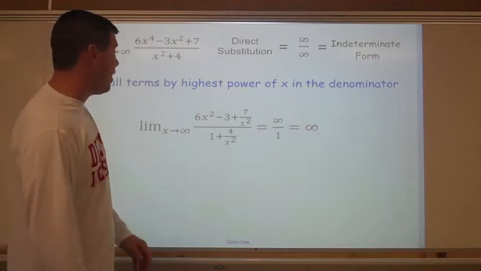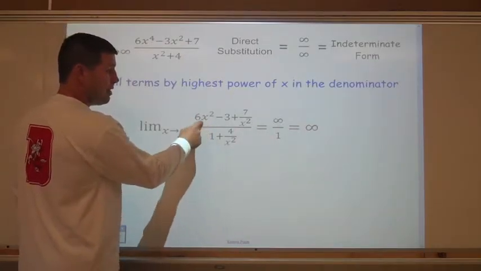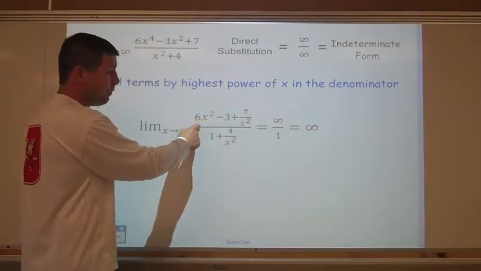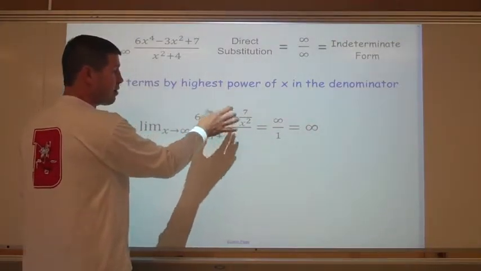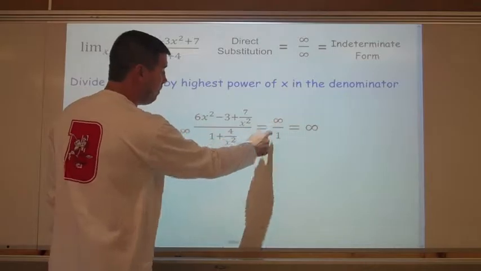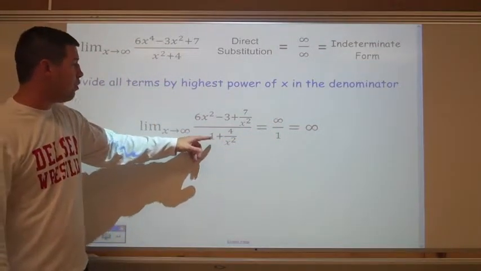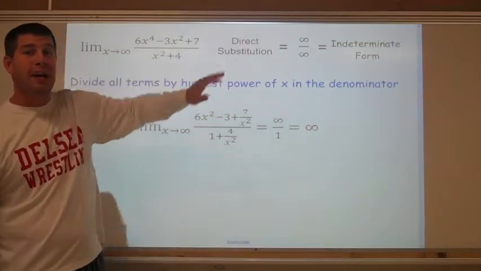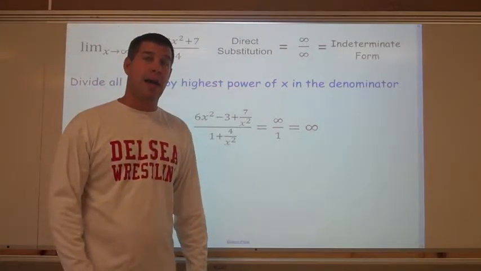Now let x go to infinity. 6x squared as x goes to infinity goes up as high as it can, infinity. Minus 3 stays, plus 0, so the numerator is going to go to infinity. The denominator is going to go to 1 plus 0, so over 1. So this graph is going to get infinitely big as you go to the right, as x goes to infinity.